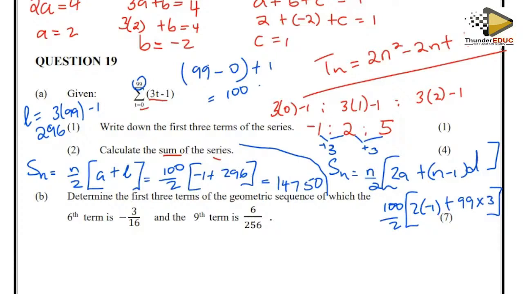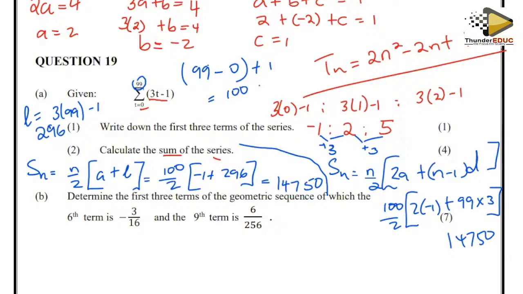So when I do that, that's -2 plus 99 times 3. Okay, I'm getting exactly the same answer, 14750. So regardless of which approach you go for, you still get the same thing.